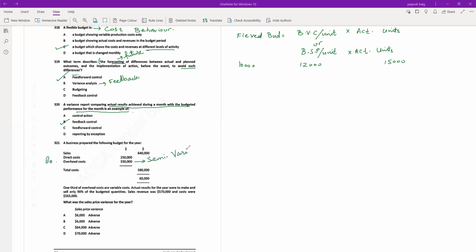Production overheads is semi-variable cost. So semi-variable cost is what? Semi-variable cost is the mix of variable and fixed. One third of the overheads cost are the variable costs.